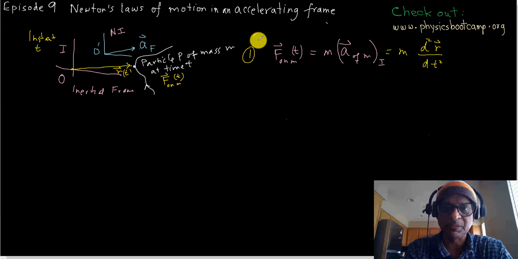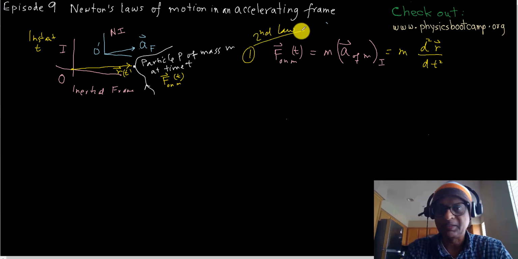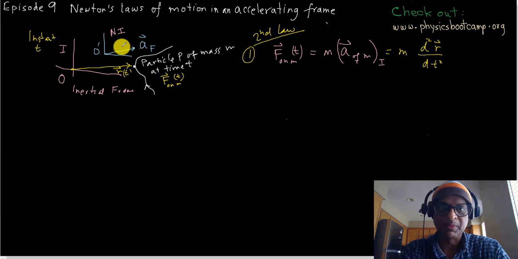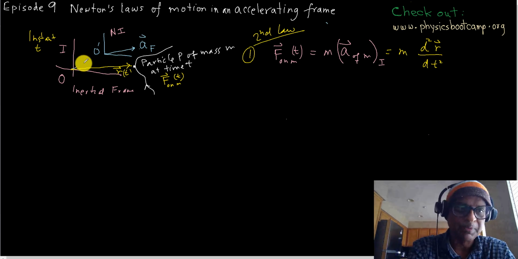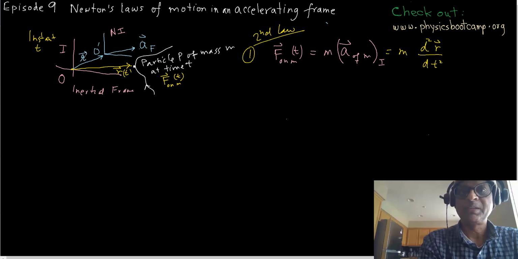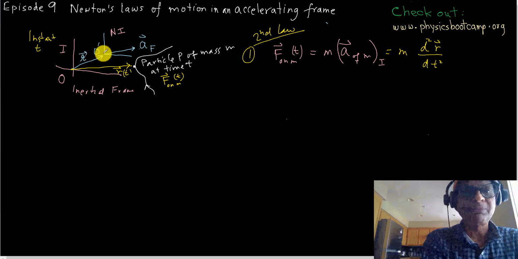This is from the second law, standard form. Now we want to figure out how to write this in terms of the non-inertial frame. So we need the vector which locates where O prime is, and let's call this vector script R, and let's call this other vector, which locates the particle from the non-inertial origin, R prime.